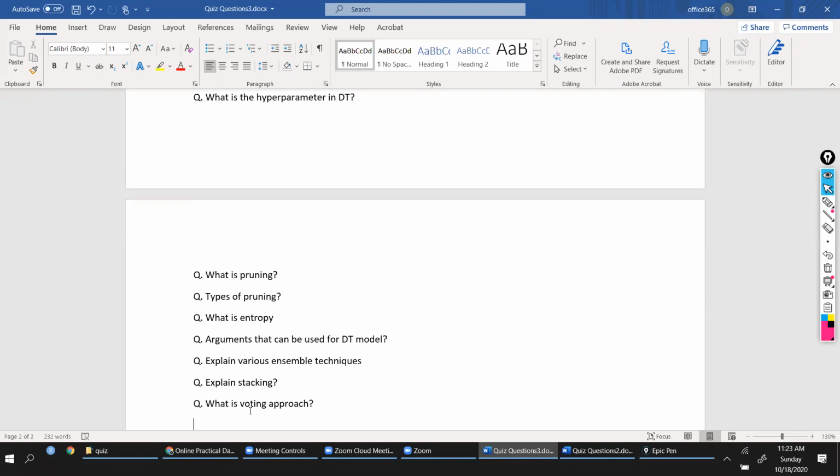Hard voting basically means just take the aggregated result of the final output. Soft voting basically is going to look into the values of each of the output.